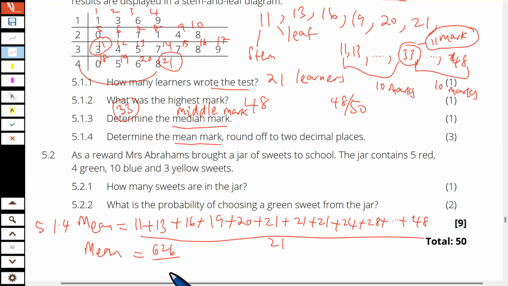So you have 626 divided by 21. And then if you divide this, they give 29,81.